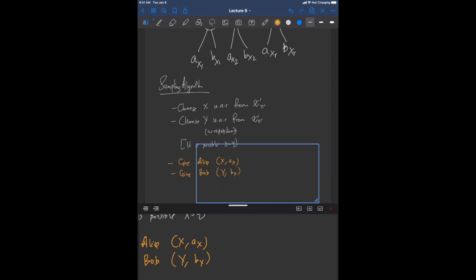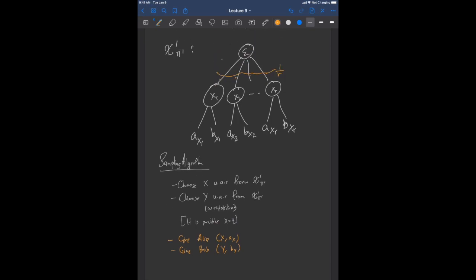Okay, so then we need to analyze with what probability we will satisfy property 1, property 2, and with what probability this will be in the rectangle of pi dash. The first thing is easy to do. Is it clear how we got xax and yby?